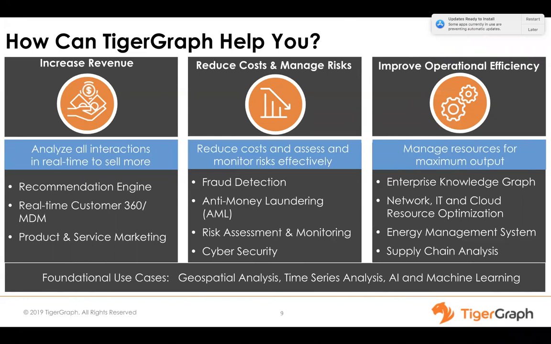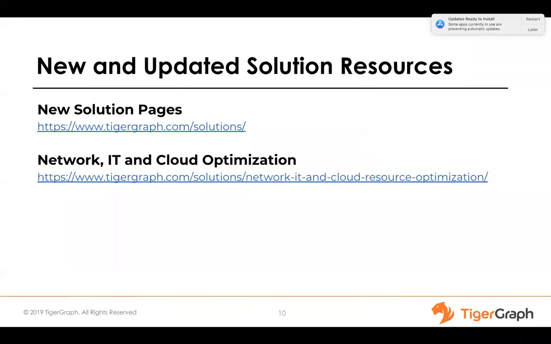In addition, we have 3 foundational use cases around geospatial, time series, AI, and machine learning. Our webinar today is related to the network, IT, and cloud resource optimization. We will have more guru webinars around these solution sheets. Here is the URL links. We will have more links at the end of the presentation.